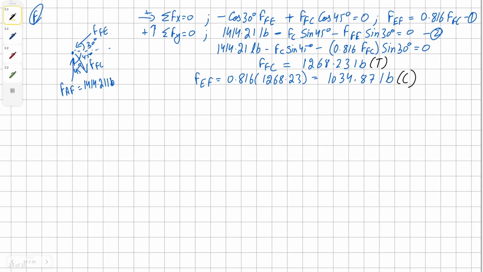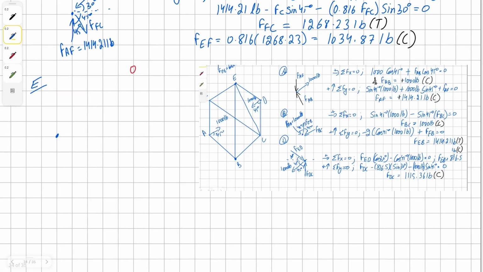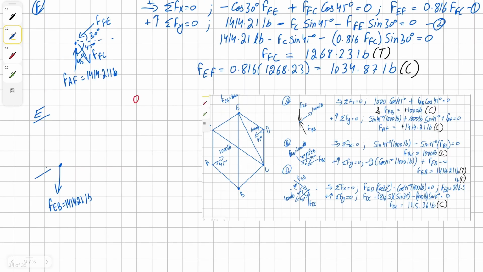Alright, now that we have F, we can go to joint E. The following information is from our previous page. So at E, we're going to have force EB, which we found to be 1414.21 pounds. Then we have our FE, which we found to be 1034.87 pounds.